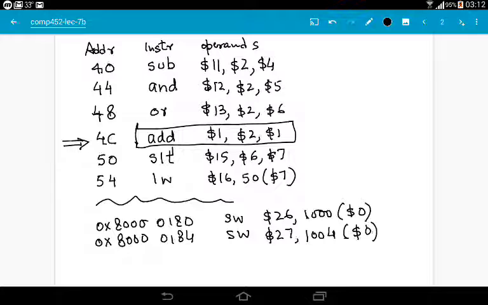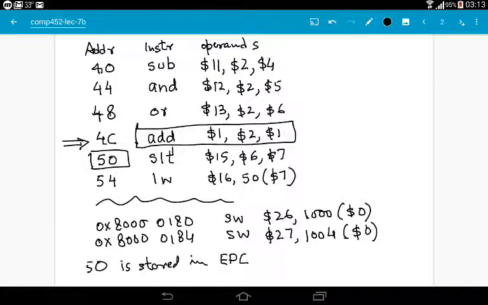What is the processor going to do? First, the processor will save the address of the following instruction, PC plus 4. 4C plus 4 is 50. So 50 is stored in the exception program counter. Now the question is, in which clock cycle will this happen?